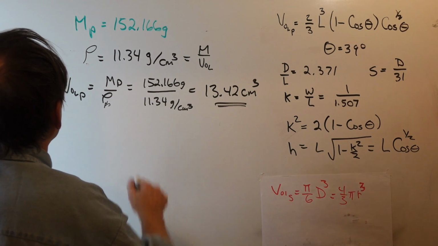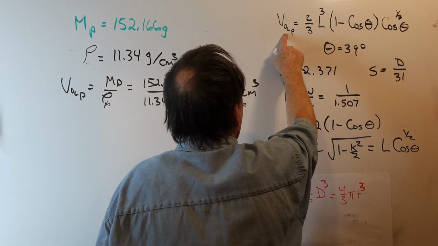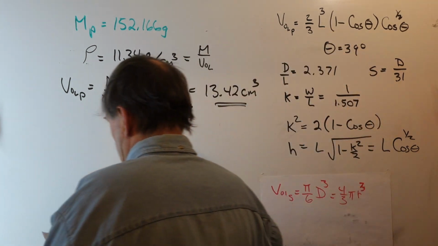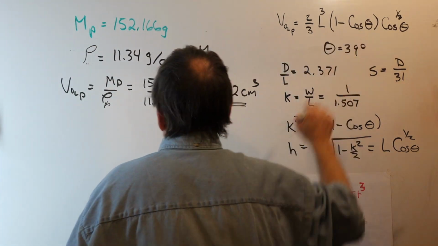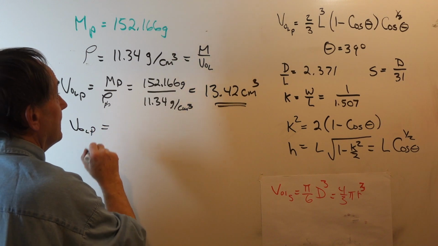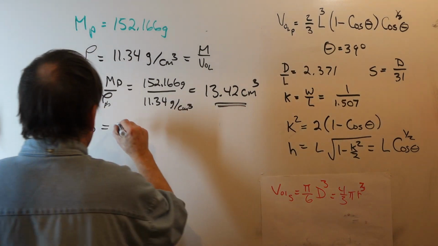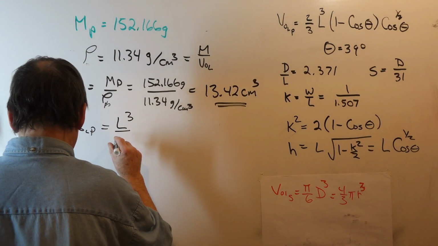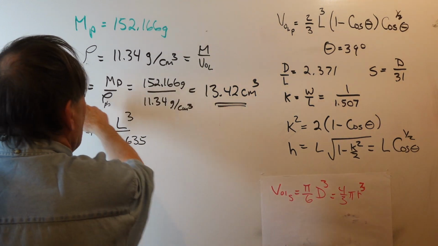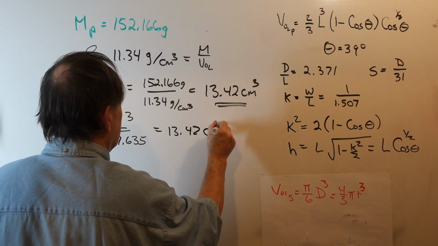Now, from this equation, we can get L, because we now know the volume of the pyramid. We know theta, so the only thing left is L cubed. Putting in theta in this equation, we end up with L cubed over 7.635. But we know the volume of the pyramid. This is 13.42 centimeters cubed.